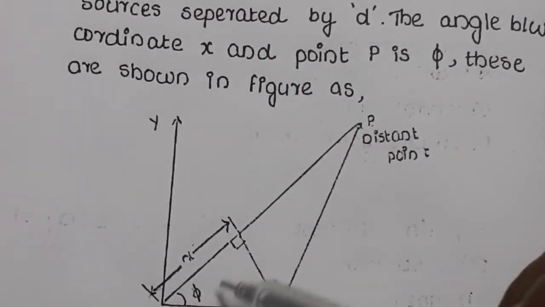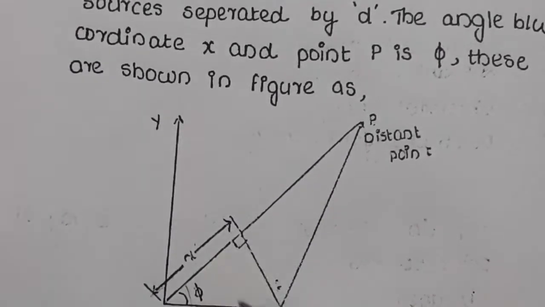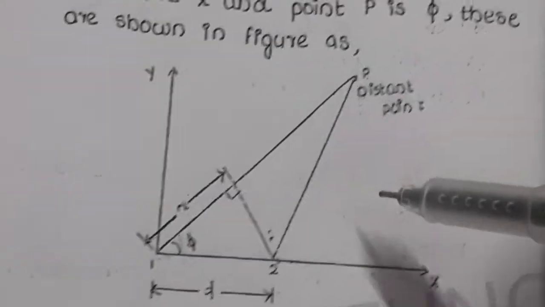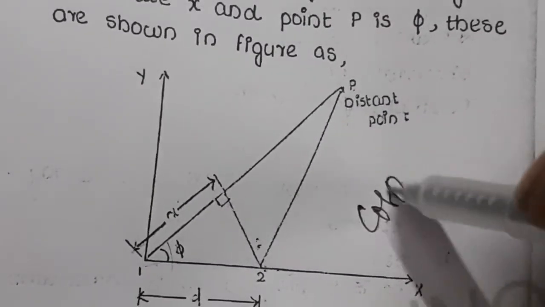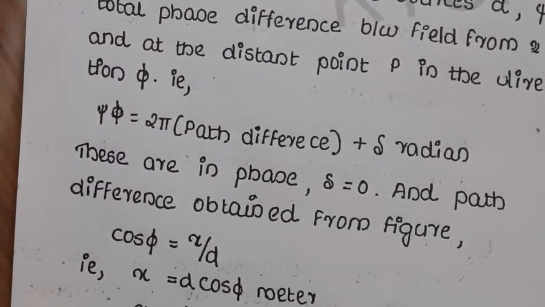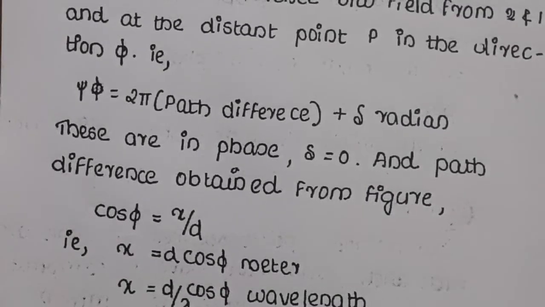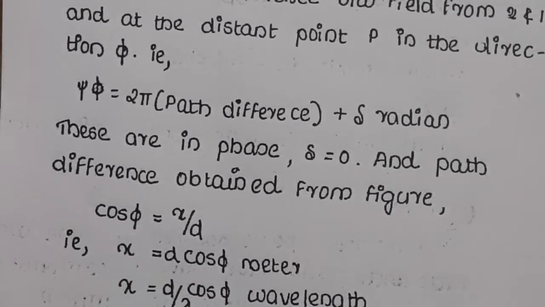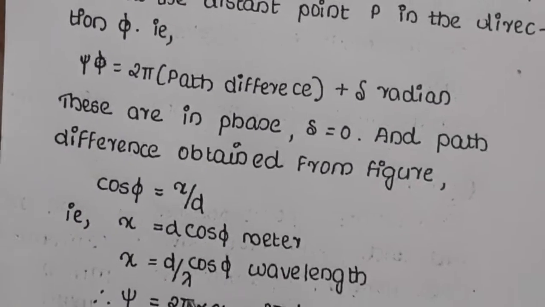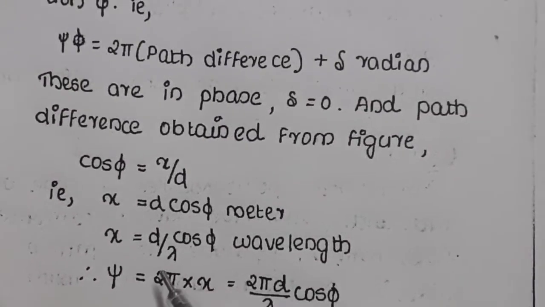So cos phi is equal to the adjacent side by the hypotenuse. From the figure, cos phi is equal to x by d. Similarly, x is equivalent to d cos phi, and again with respect to lambda we take d by lambda instead of d. So d cos phi by lambda is called the x value.